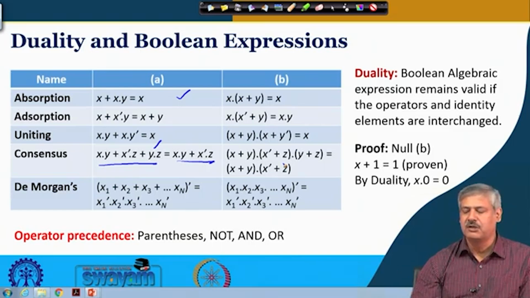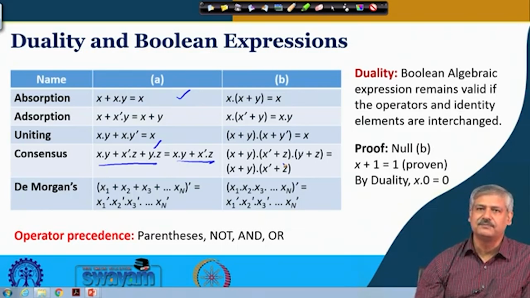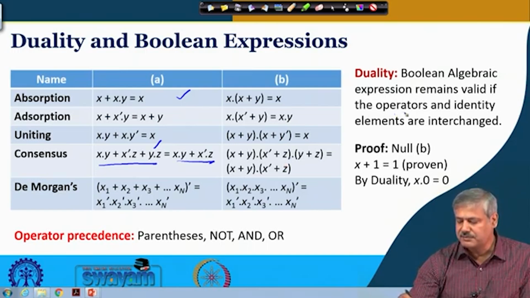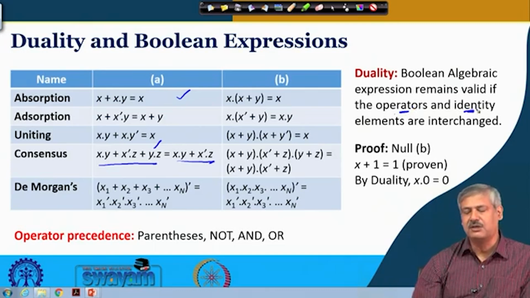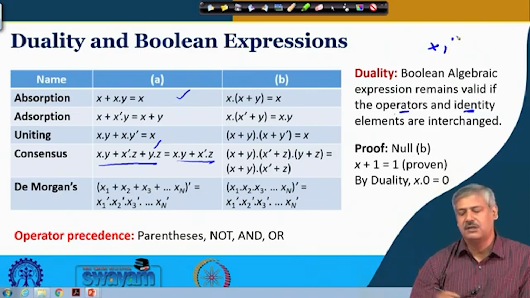and if you look at another interesting theorem which is there for Boolean algebra, all algebraic expressions remain valid if the operators and identity elements are interchanged. These are beautiful things about Boolean algebra. That means operators and identity elements. So what are the operators? Operators are AND and OR. These are the two operators.